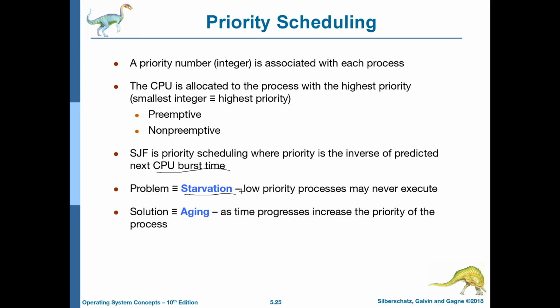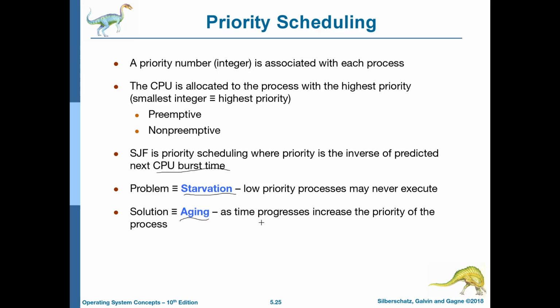Job starvation is the primary problem with any priority scheduler, including shortest job first and shortest runtime first. Now, a solution to that is called aging. In the aging case, as time progresses, we increase the priority of the process.